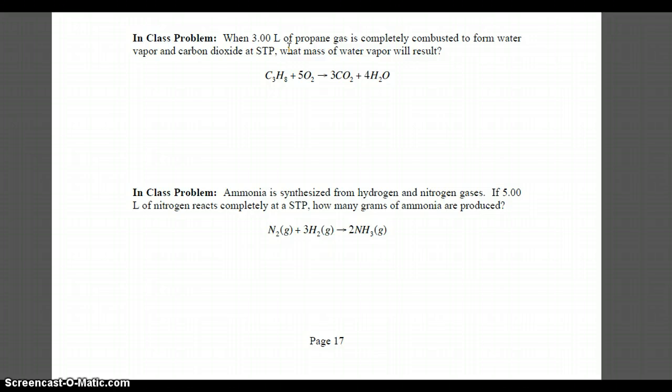Once you figure out moles of your gas, then you can convert into moles of H2O and then grams of H2O just using regular stoichiometry. So take a moment to pause the screencast and work that problem. Okay, so the answer there should be 9.64 grams of H2O. Okay, so scroll on down.